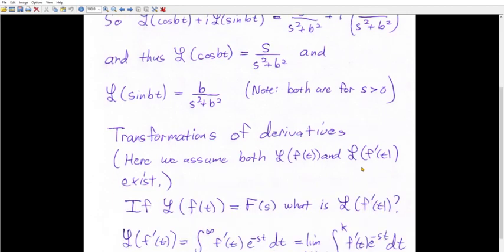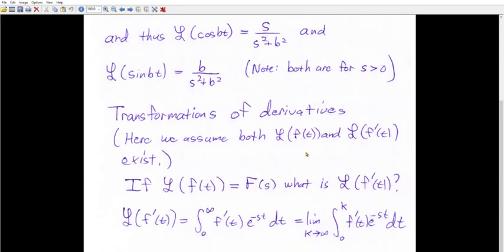Okay, now we come to maybe the most important of the Laplace transformations as far as we're concerned, because this is, of course, a differential equation. What do derivatives transform like? Okay, so we're going to transform f prime of t, and we're going to assume that both f of t and f prime of t have Laplace transforms.